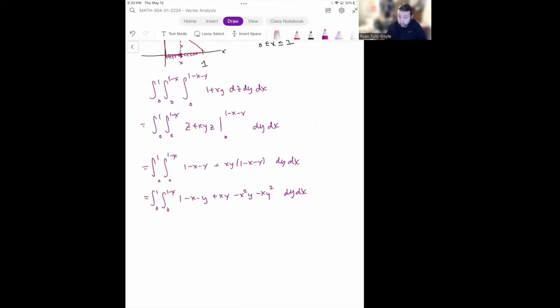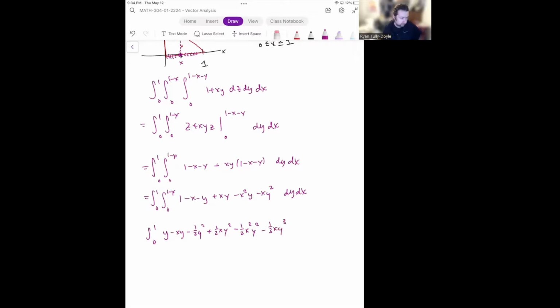Now we're going to eliminate all the y's. So when we're finished with this step, there should be no y's remaining. So integrate with respect to y, and we're going to get y minus xy minus 1/2 of a y squared plus 1/2 of an xy squared minus 1/2 of an x squared y squared minus 1/3 of an xy to the third.